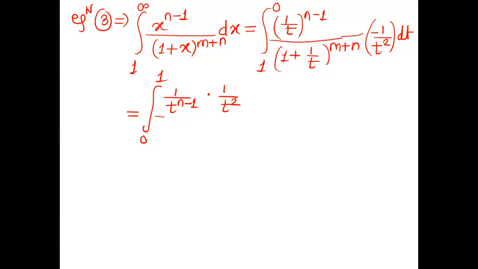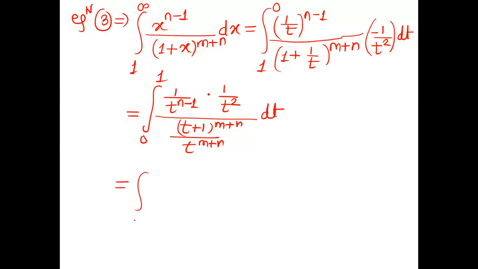Now upon, let's take the LCM. So t plus 1 by t, (t plus 1) raised to power m plus n, and by t raised to power m plus n. Just simplifying, taking the LCM and applying the law of indices. So in this way we have the simplification.